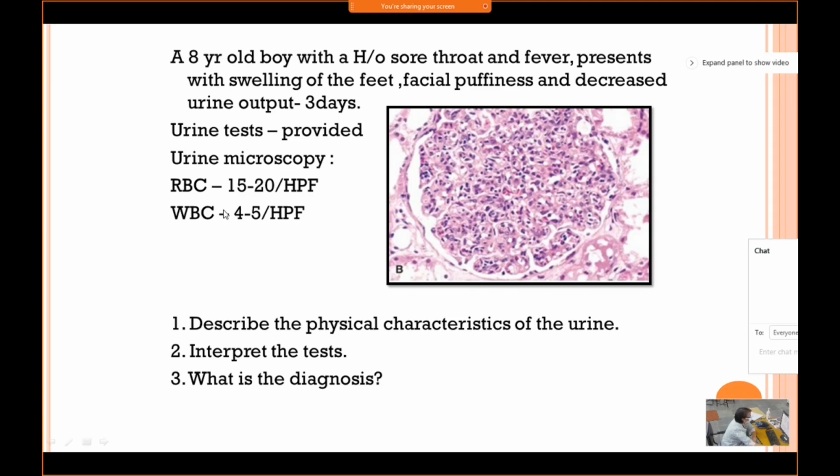So the diagnosis here is acute post-streptococcal glomerulonephritis, and in acute post-streptococcal glomerulonephritis, you usually get Coca-Cola urine. That means that the urine is just like the color of Coca-Cola because of the hematuria, where lysis has happened inside and formed some kind of pigment, so it becomes brownish.